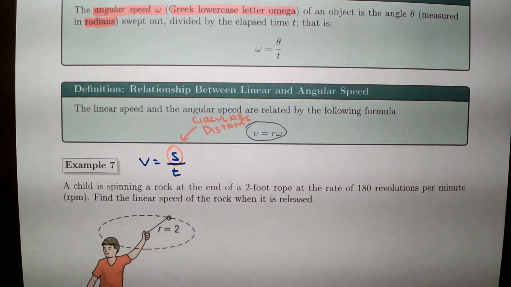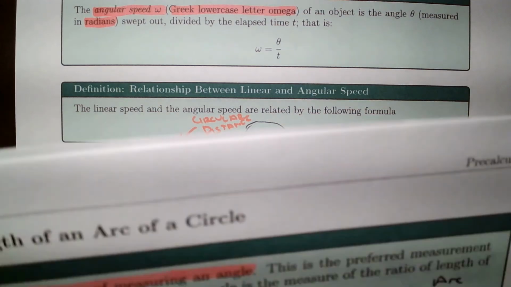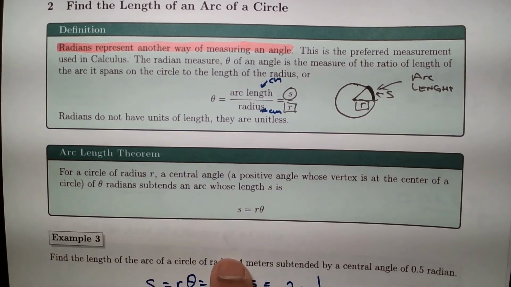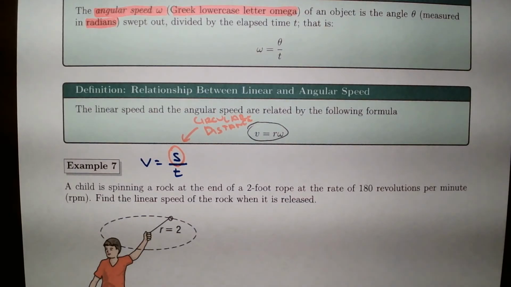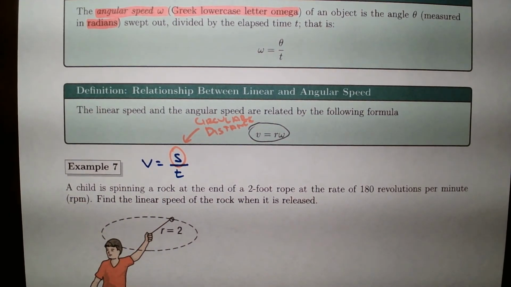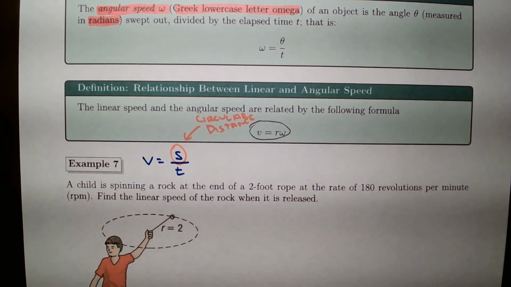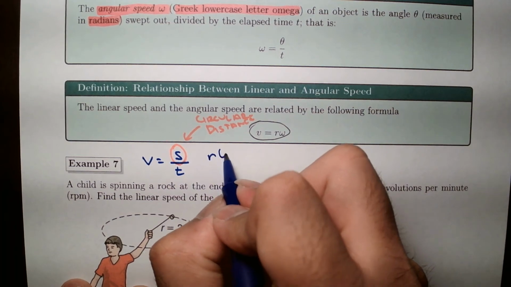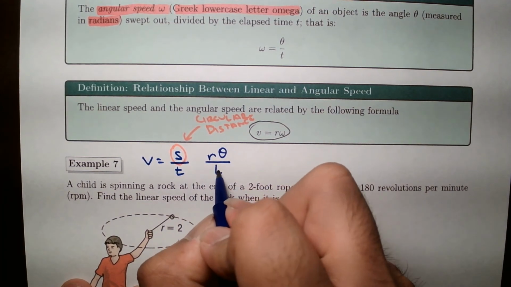Not too long ago. That's our arc length. Arc length is basically circular distance. So I'm going to substitute this s as r times theta, over time.